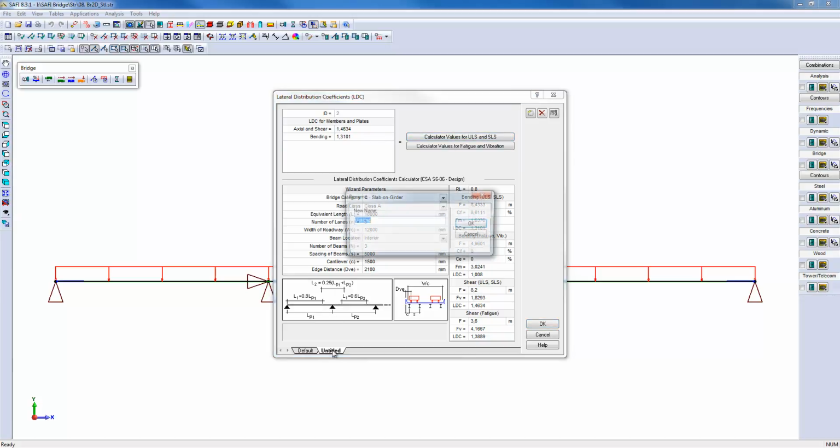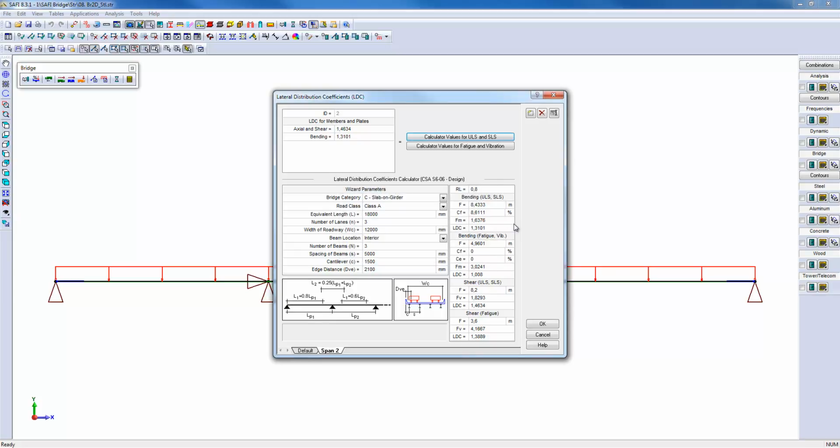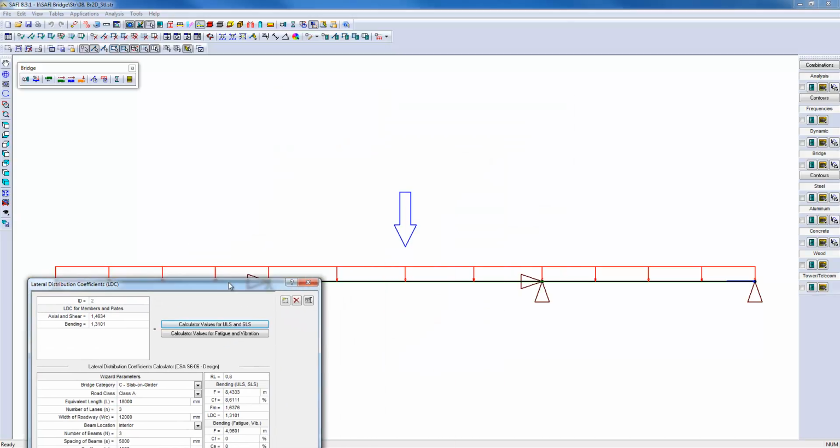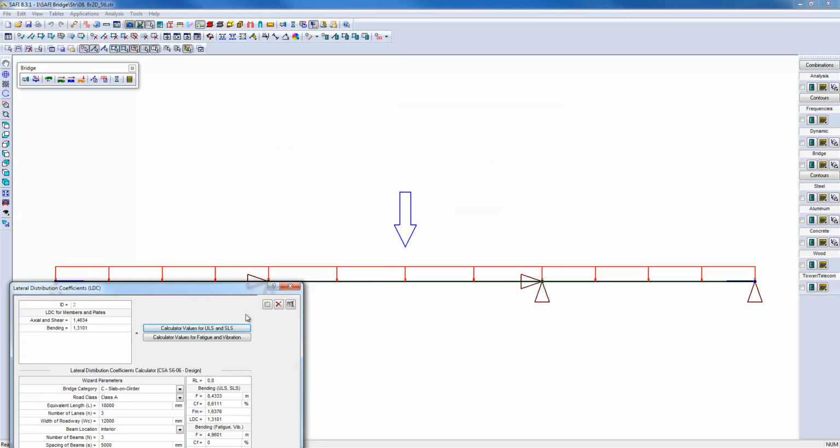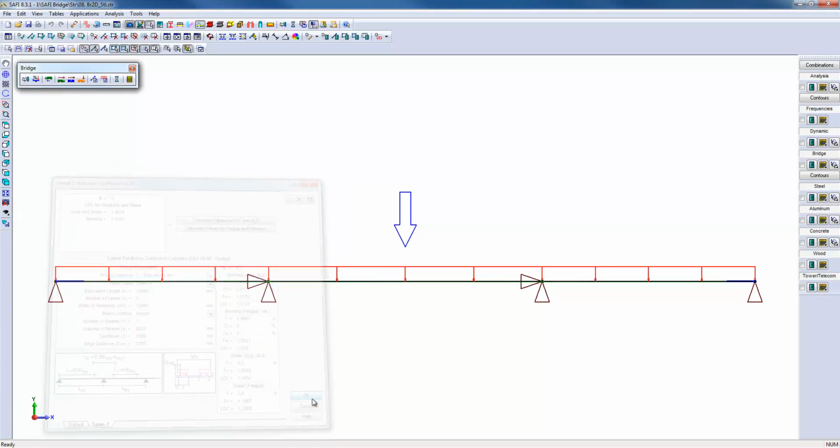We can go ahead and rename the tab Span 2. For now, this lateral distribution coefficient will not be associated with the second span. That is to say, for the moment, this new lateral distribution coefficient is not yet associated in the model.